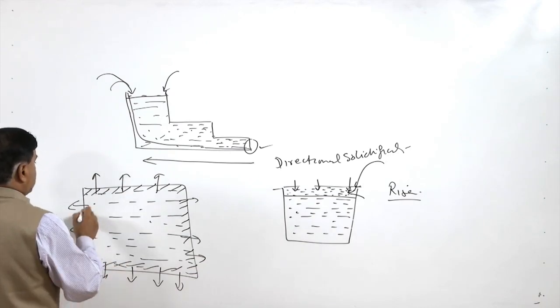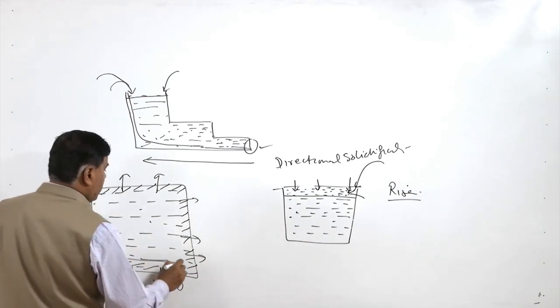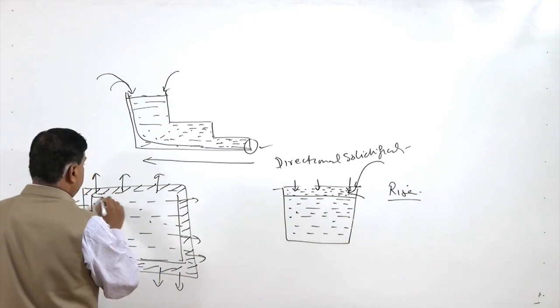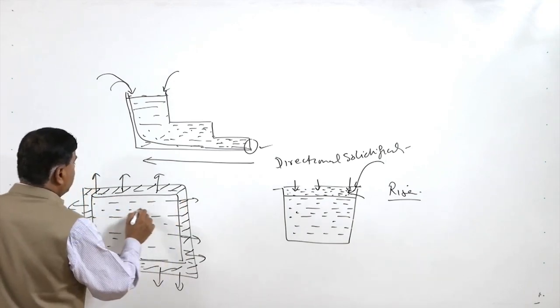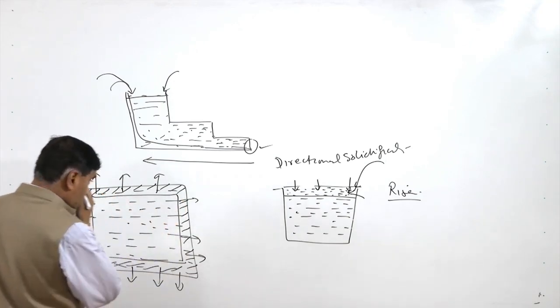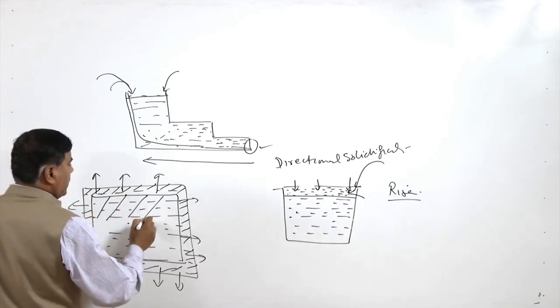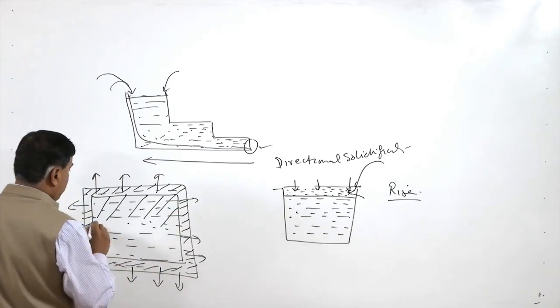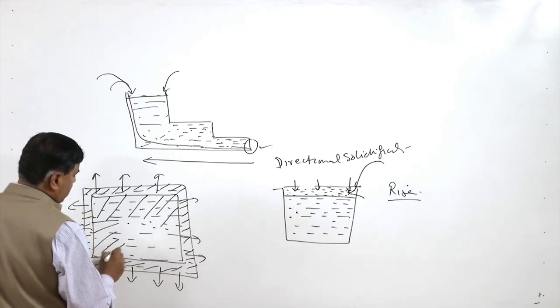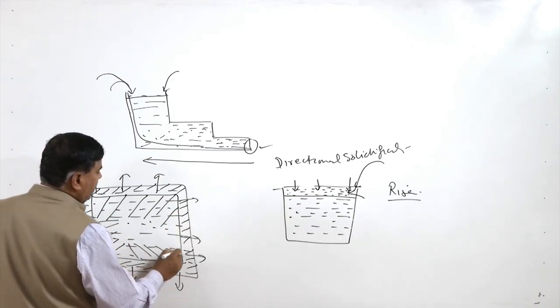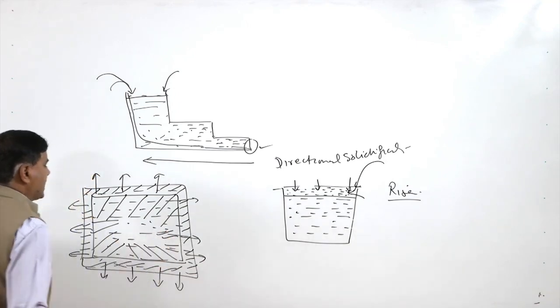So, this is the one zone which will be formed next to the mold wall and the remaining will be the liquid metal. As the solidification progresses from all the sides, we will see that the molten metal will be pushed towards the center.